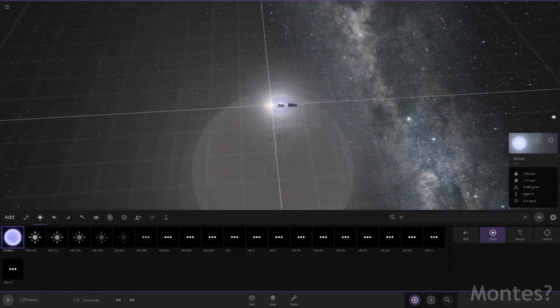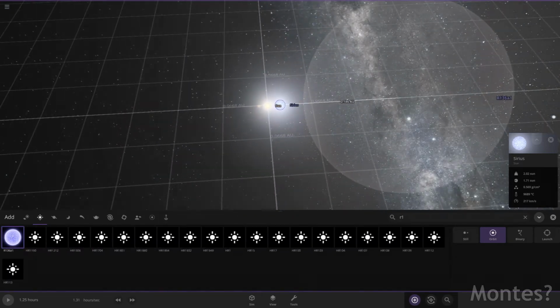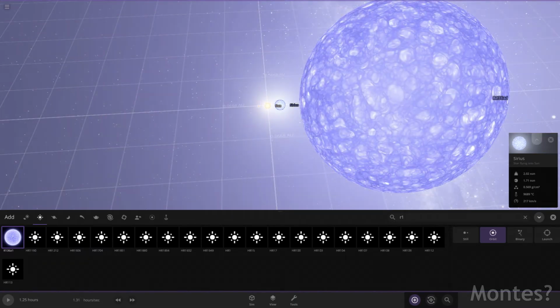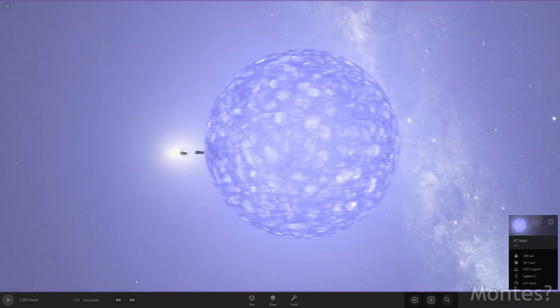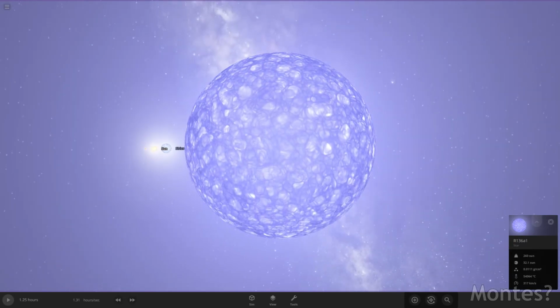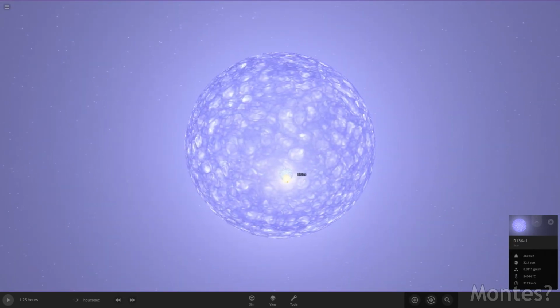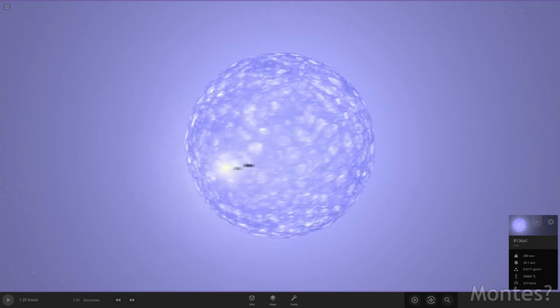Now I am going to add the most massive known star, which is R136a. This one has more than 200 Sun masses, and 32 times the Sun's radius. See?